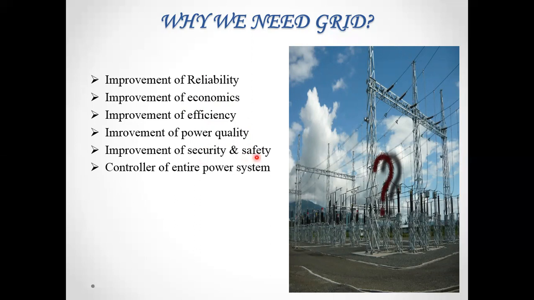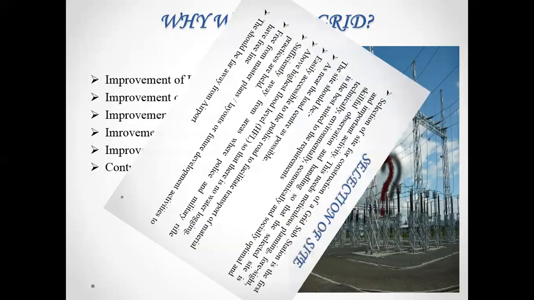That can be done by using the grid. Then we can control the entire power system if we are having the grid. You might have heard about the grids in the news; we call them the power grids: northern sector, southern sector, then eastern, western. So we are having different grids and substations available.